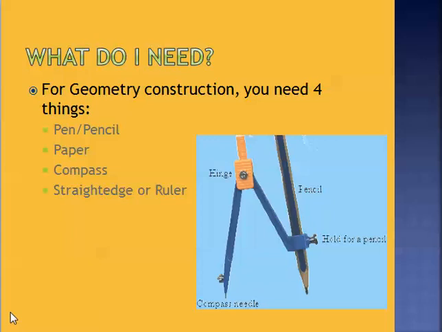This compass is what you will see here on the screen, compass needle. And with the compass, there is a pin inside of it. So you will actually end up having two pencils for geometric construction. You will also need a straight edge or a ruler. Either one is fine, as we went over in the last slide.